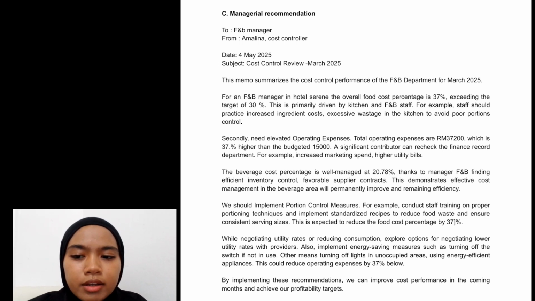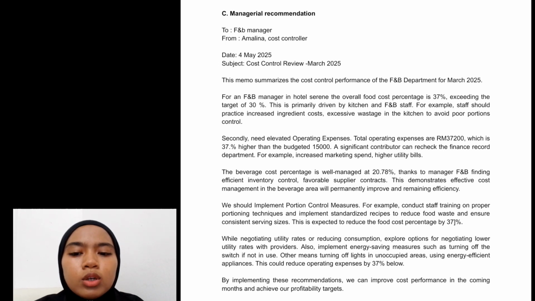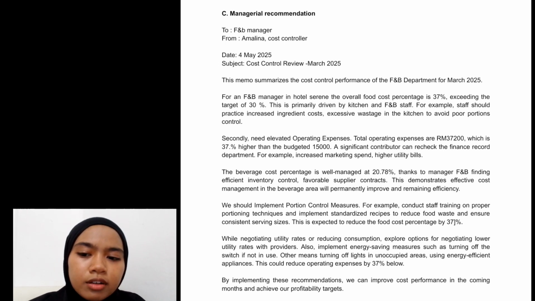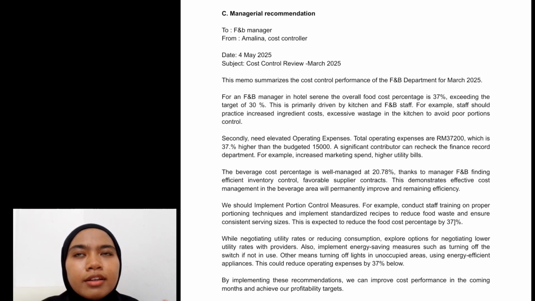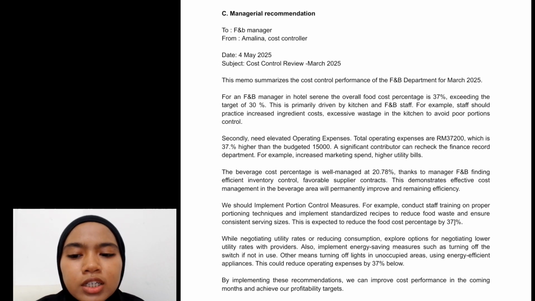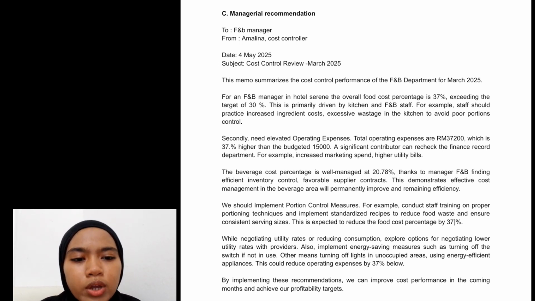And the beverage cost percentage is well managed at 20.78%, thanks to the F&B manager finding efficient inventory control and favorable supplier contracts. This demonstrates effective cost management, and in the beverage area it will improve and remain efficient.